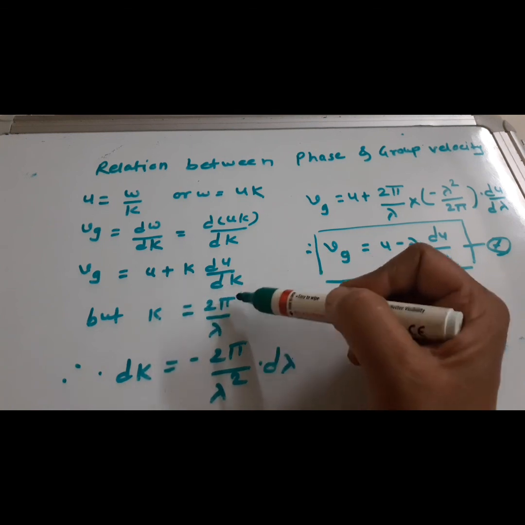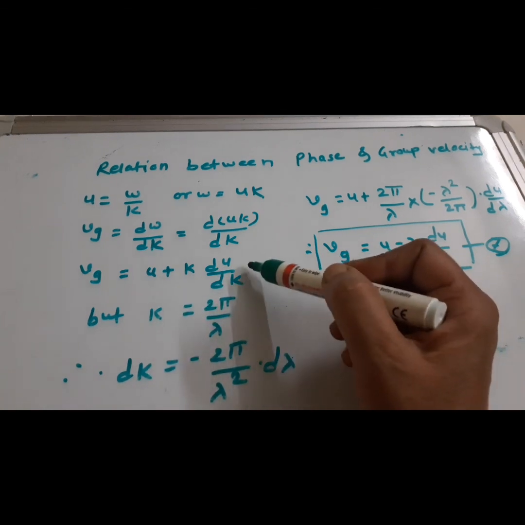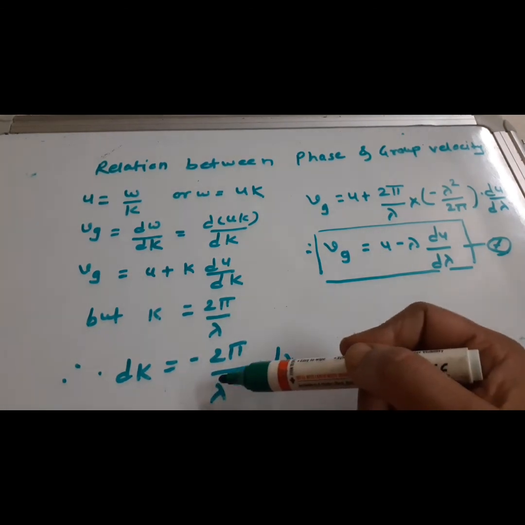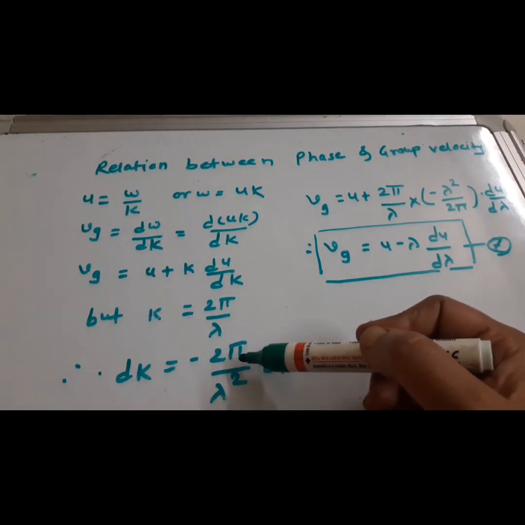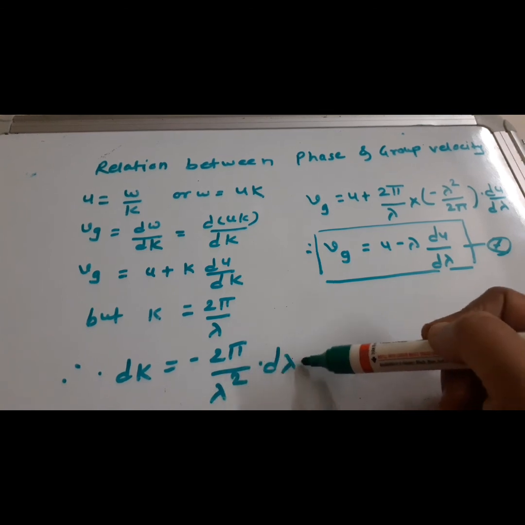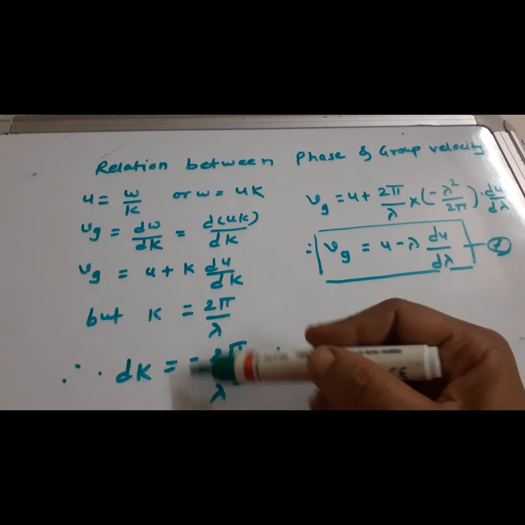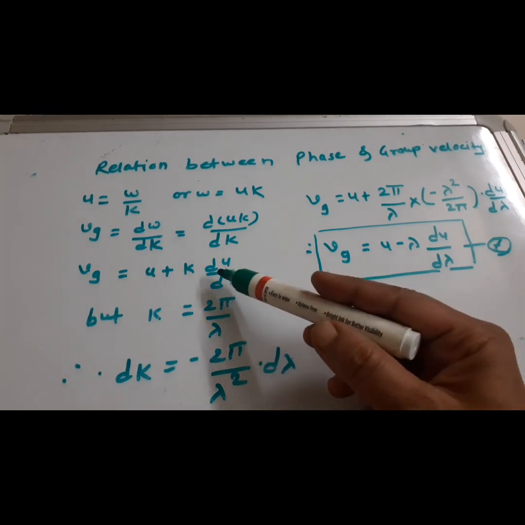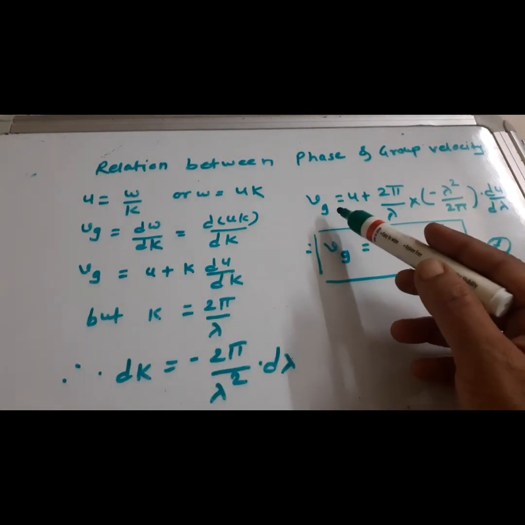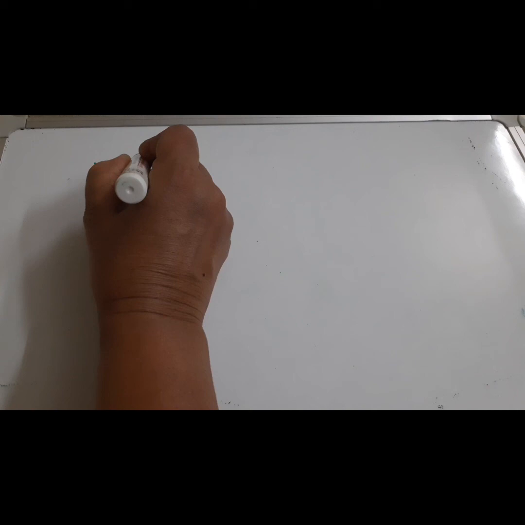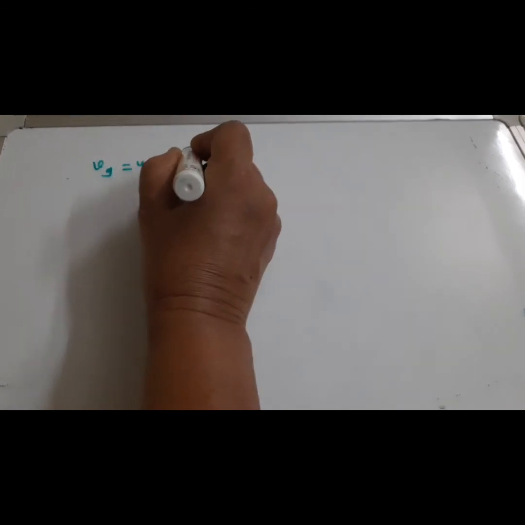But k is equal to 2 pi by lambda. Then dk is equal to minus 2 pi by lambda square into d lambda. Then we put this value of dk in this equation.